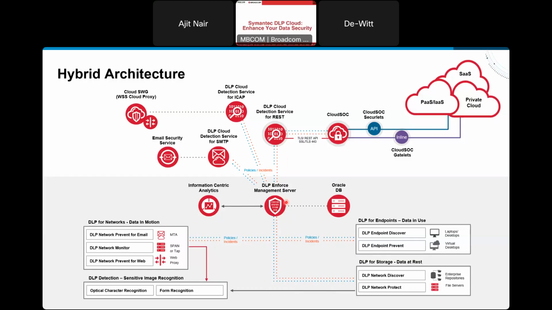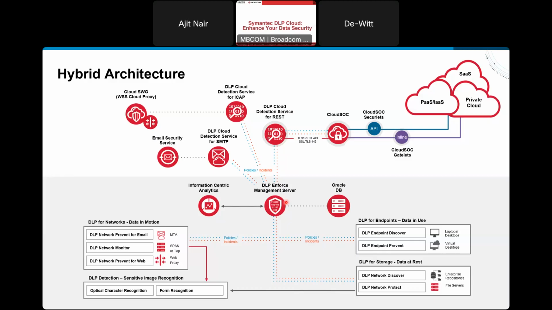SecureLets are an API-based mechanism which is used to scan and secure your data at rest in those cloud applications. As an example, with Office 365, if you want to run a scan against it, the first thing is you enable that in the CloudSOC portal, and then you can run scans against Office 365, for example, OneDrive, right?